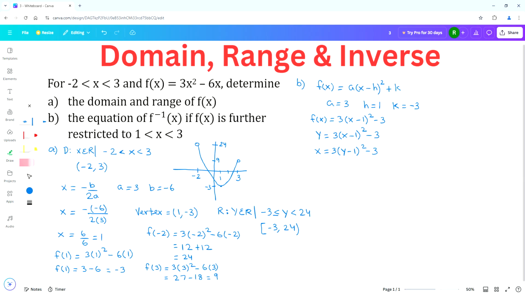The first step is to add 3 to both sides. Next, we should divide both sides by 3.